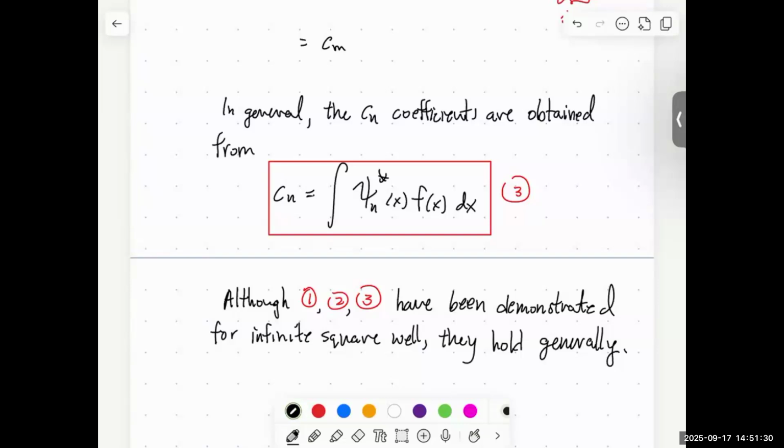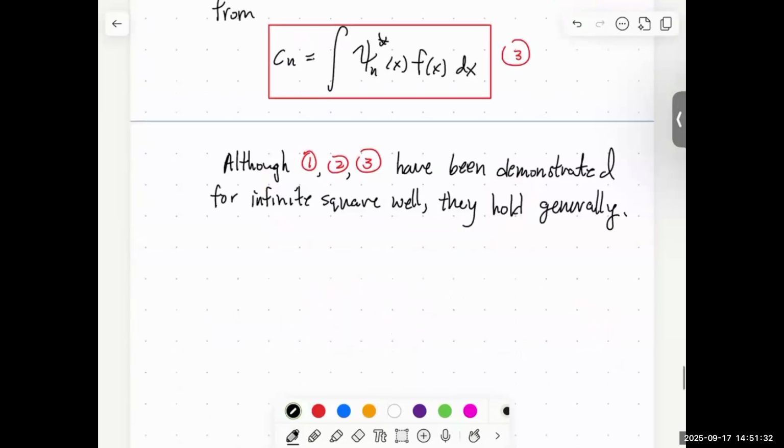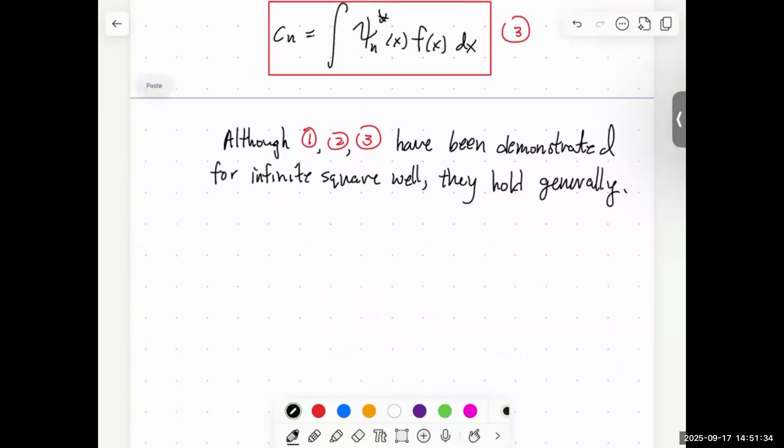All right. So the stationary states that we've just solved, these psi n of x's, these are the sine functions that fit inside of our square well.